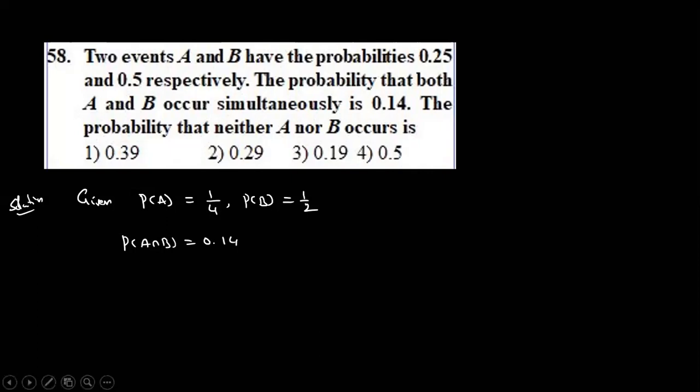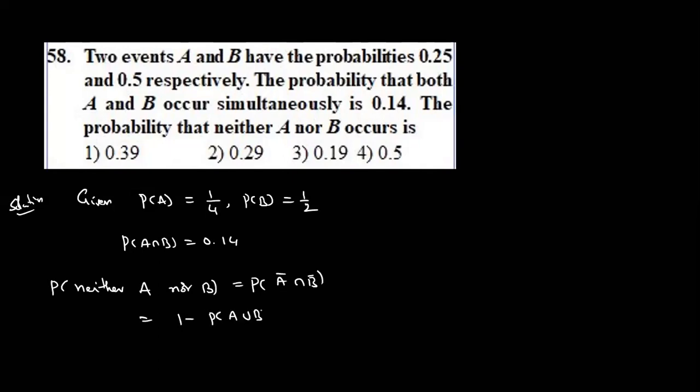Then what are they asking? Neither A nor B means what? A bar intersection B bar. A bar intersection B bar means what, the formula? 1 minus P of A union B.